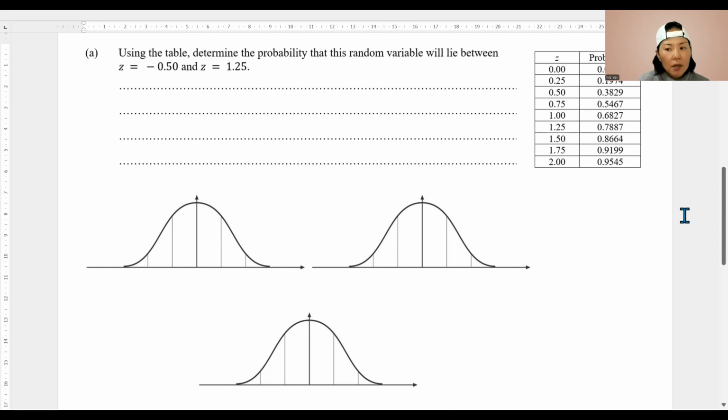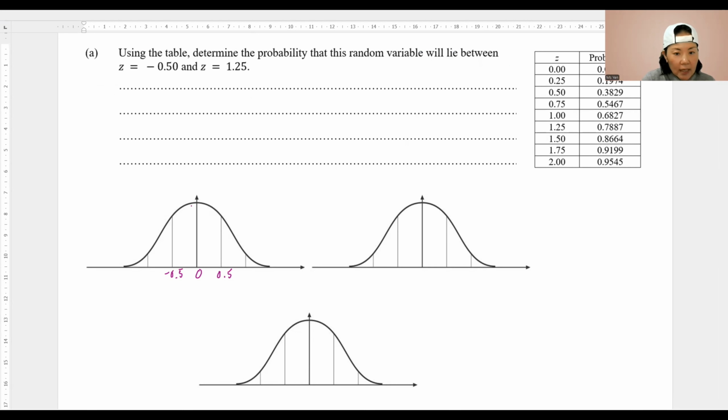Let's have a look at the question. Part A, using the table over here, determine the probability that this random variable will lie between z equals minus 0.5 and z equals 1.25. I need to sketch about 3 bell curve diagrams to explain this situation. So the first bell curve, z-score is minus 0.5, and the symmetrical side is 0.5.